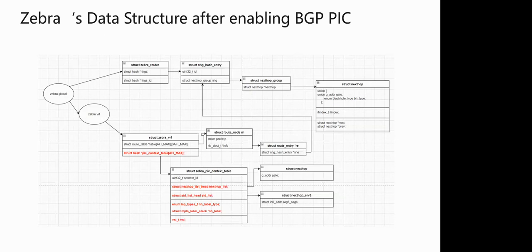We want to extract the SRv6 NH label and VNI from the next hop and store them separately in the Zebra PIC context table. Only the IP address is retained in the next hop structure. This way, we can ensure that when there is a next hop update, we can trigger the update of the next hop group to quickly refresh the table entries in the data plane.